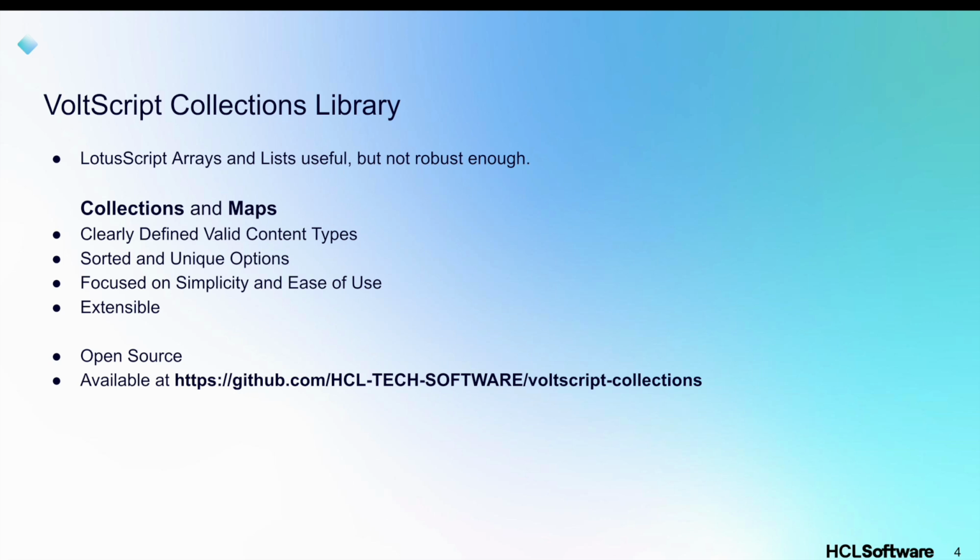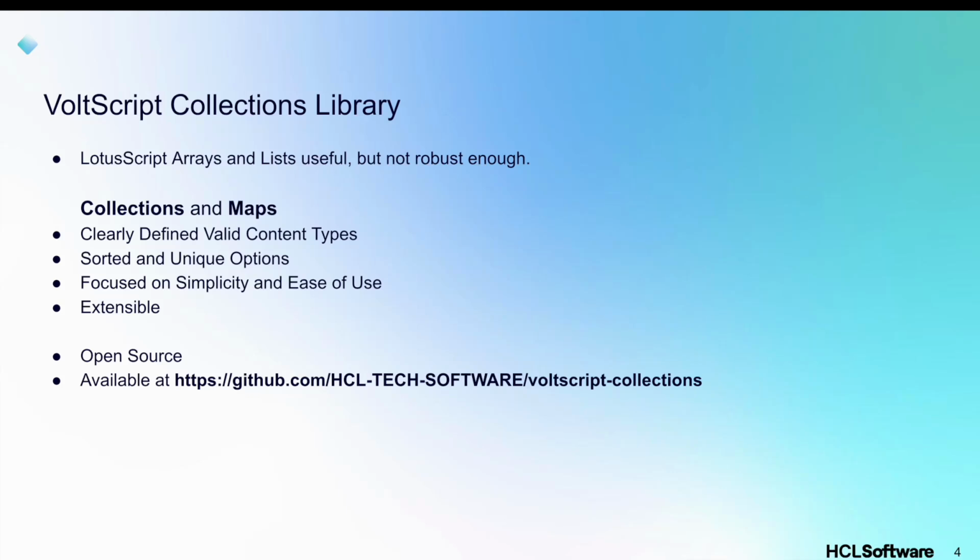We have collections and we have maps, and one of the advantages of our collections and maps classes is that, as one of the rules we set upon ourselves, we wanted them to be very standardized, very similar to one another. So they have very clearly defined valid content types. We have very specific rules about what you can and cannot put into a collection or a map.